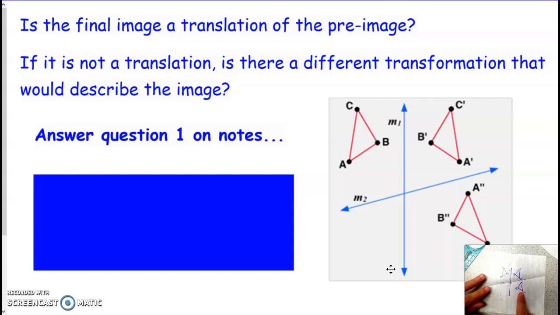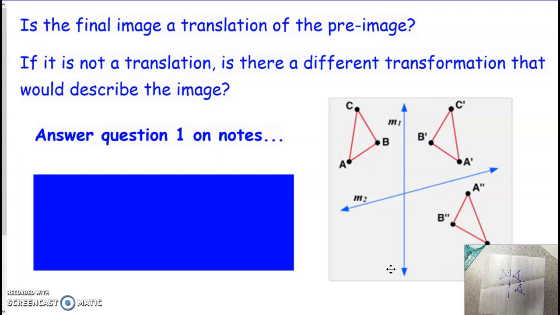Well, we can see that this is not a translation because of the orientation that we've talked about. So if I move around this triangle here, I have triangle A, B, C, and I'm going counterclockwise. Well, here, triangle A, B, C, and I'm still going counterclockwise, but my points are not in the same position.